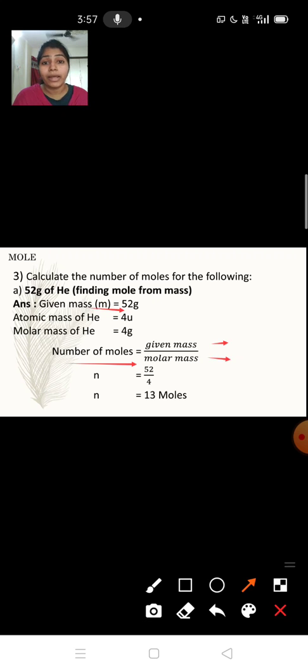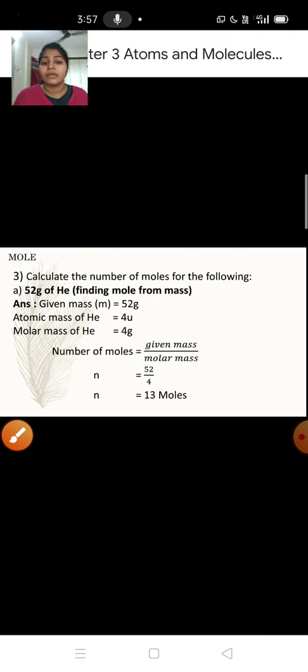We don't know molar mass. Now what is molar mass? I said the atomic mass or molecular mass is molar mass. Atomic mass of helium is 4 u. Now when it is expressed in gram, it becomes molar mass. So the molar mass of helium is 4 gram.